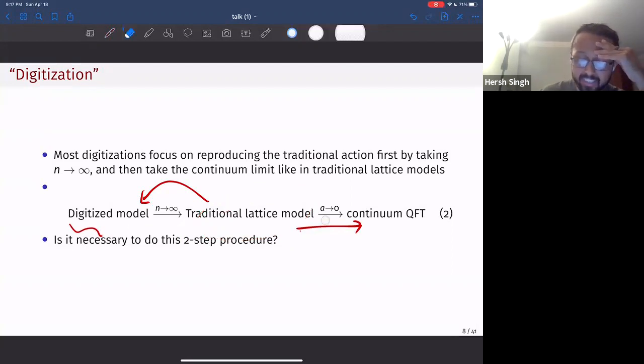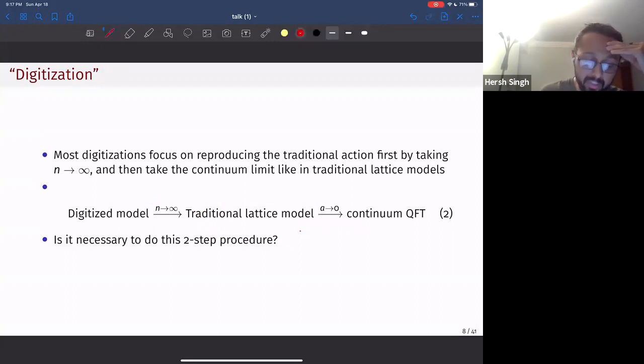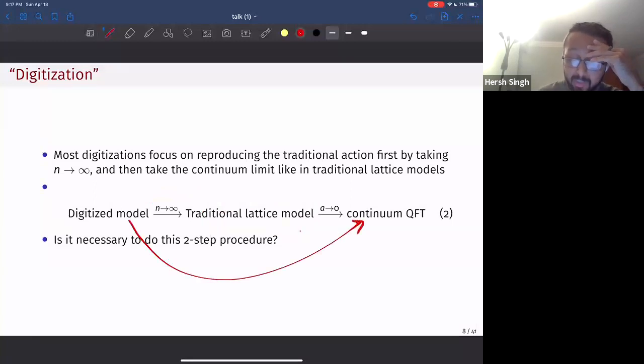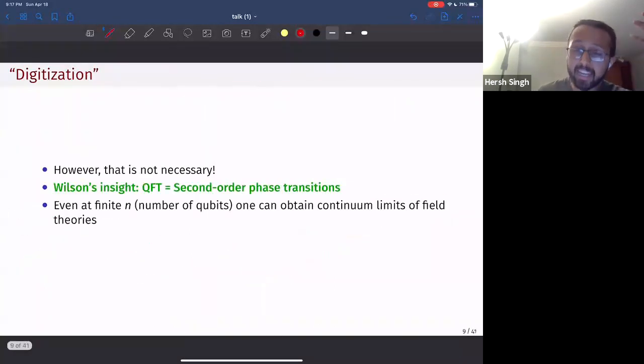The question is, is this actually necessary? Do you have to do this two-step thing? Or can you start with the digitized model and completely skip getting to the traditional lattice model? It's actually well known since Wilson that yes, it is possible. This is possible because of Wilson's insight that quantum field theories are, in fact, just second order phase transitions.